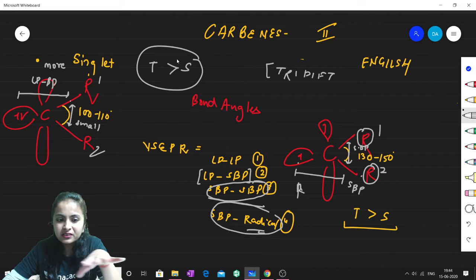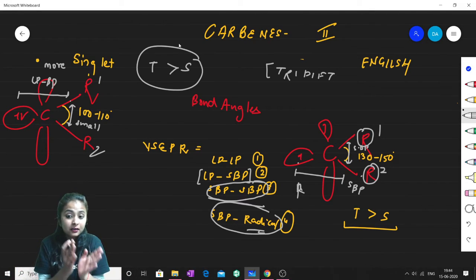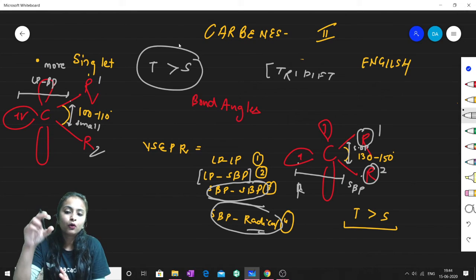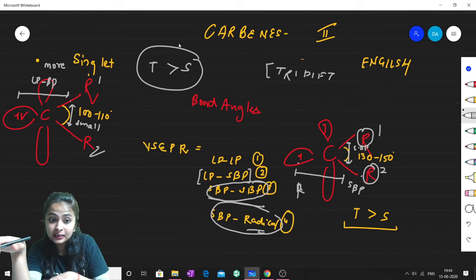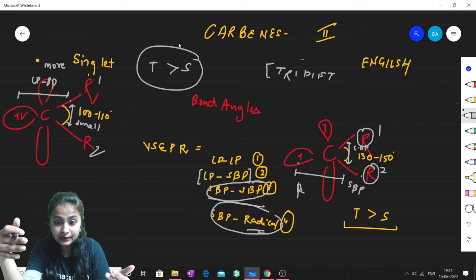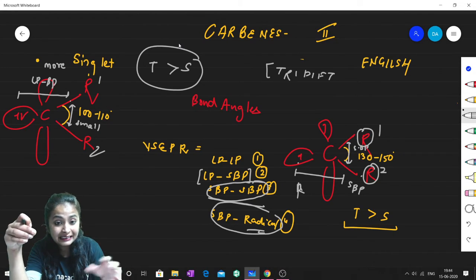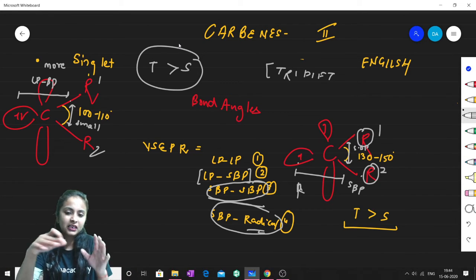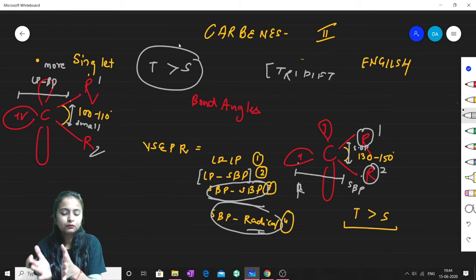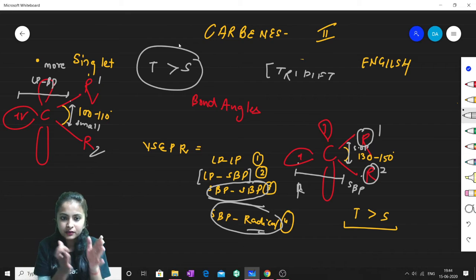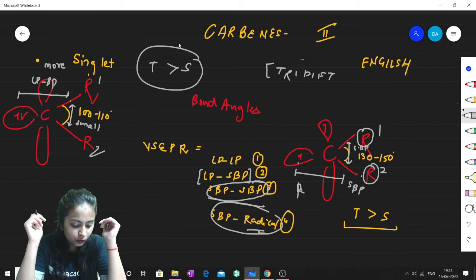So don't think that this is just a theoretical concept that I've explained, that the bond angle of triplet carbene is greater than that of singlet carbene. In reality this is not a theory. It is a crystallographic technique through which we come to know that the bond angle of triplet is greater than that of singlet.